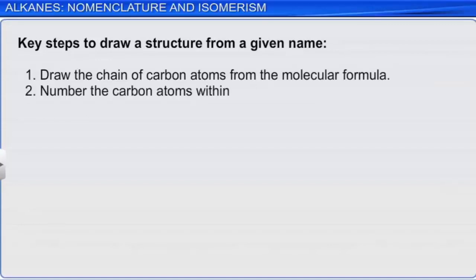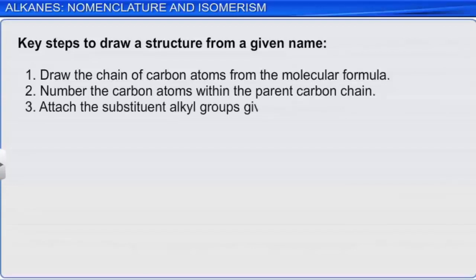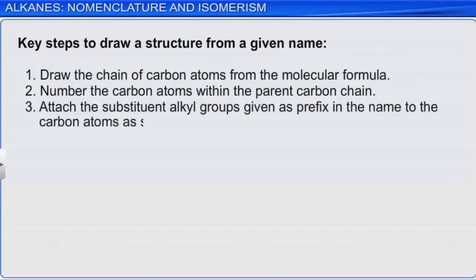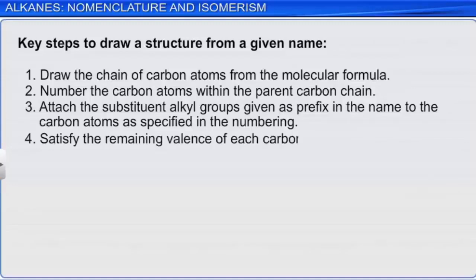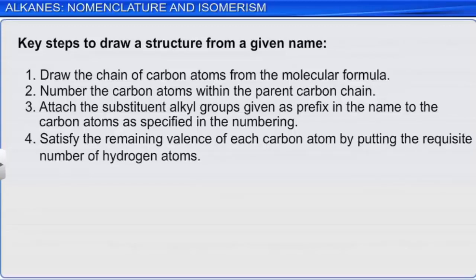Number the carbon atoms within the parent carbon chain. Attach the substituent alkyl groups given as prefix in the name to the carbon atoms as specified in the numbering. Satisfy the remaining valence of each carbon atom by putting the requisite number of hydrogen atoms.